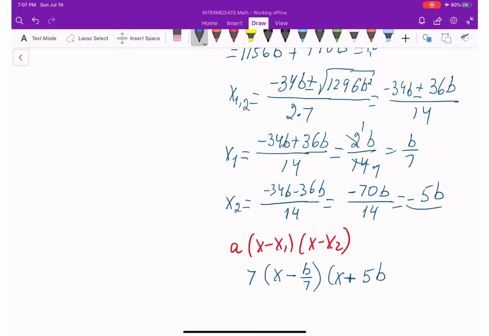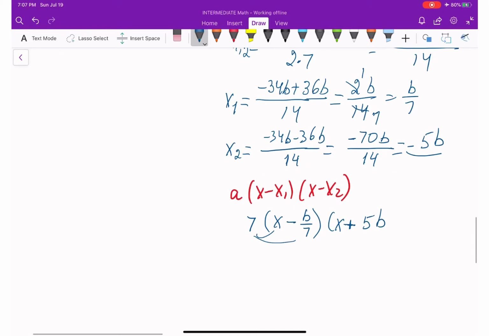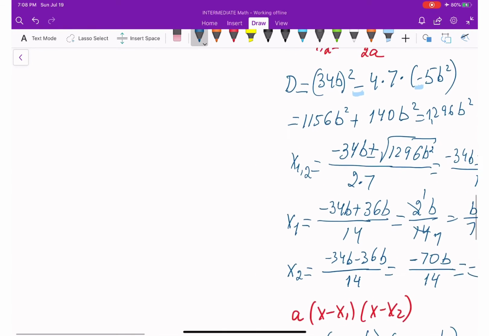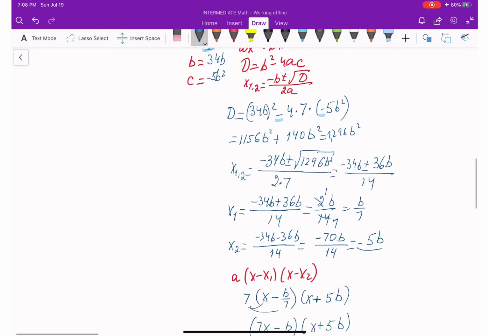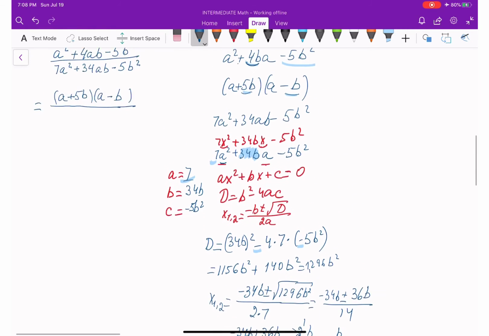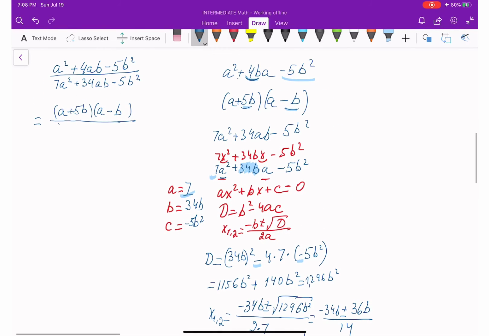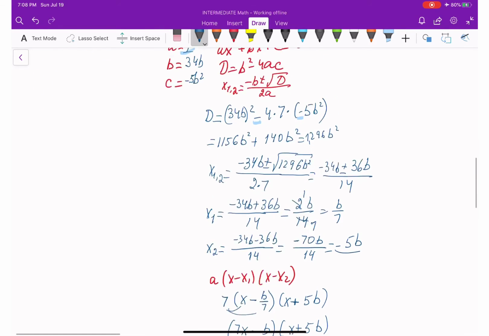Okay, and lastly, I am distributing this 7. I will get 7x minus b, and here we get x plus 5b. So what do we have here? 7x minus b and x plus 5b.